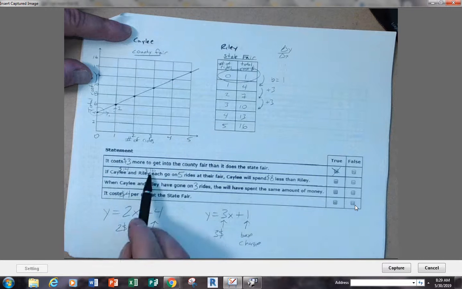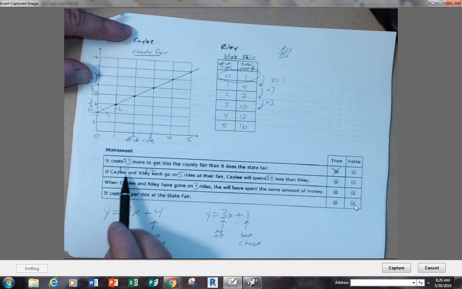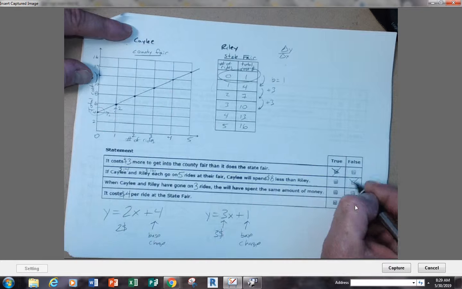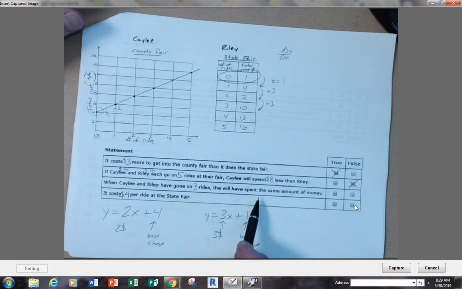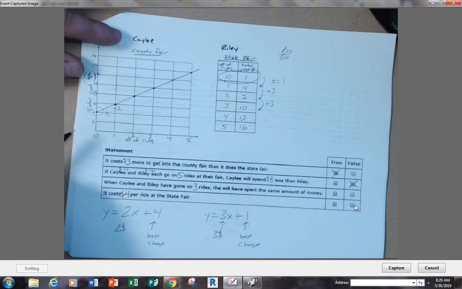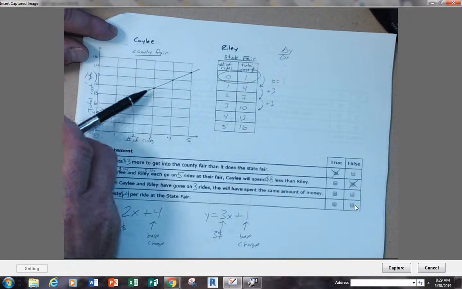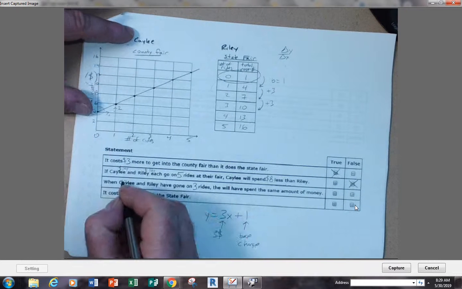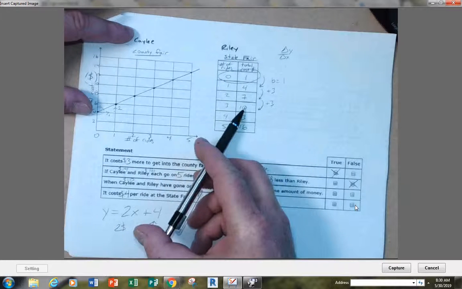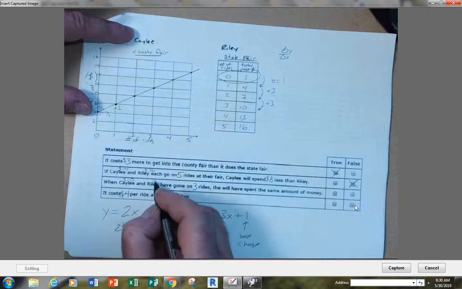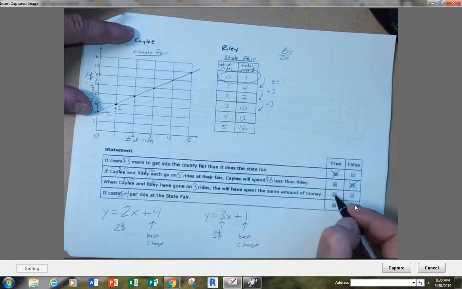And you can see that's definitely not $8 less, so that one's false. All right, when Kaylee and Riley go 3 rides, they spent the same amount. Kaylee, 3 rides, $10. Riley after 3 rides, also $10. So that one is true.